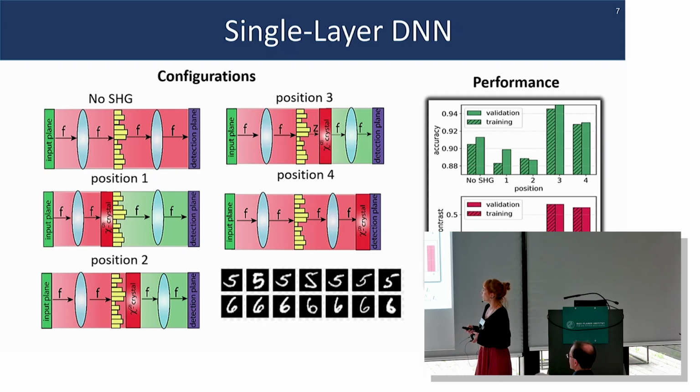In particular, we tested different configurations, and we looked at where to place the nonlinear crystal to get a benefit. Intuitively, in the beginning, we thought the easiest thing for a first experimental realization would be to put the crystal right at the phase mask, maybe even in a joint system, so we don't need any extra lenses or anything.